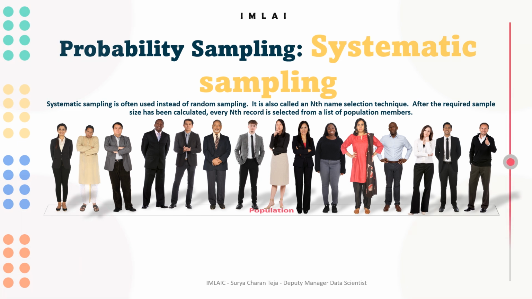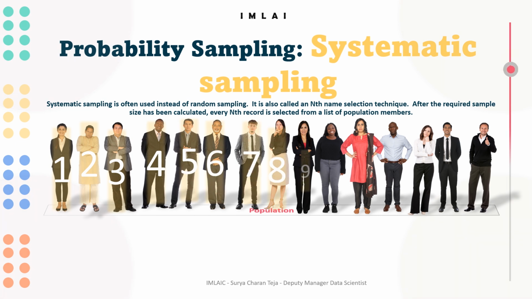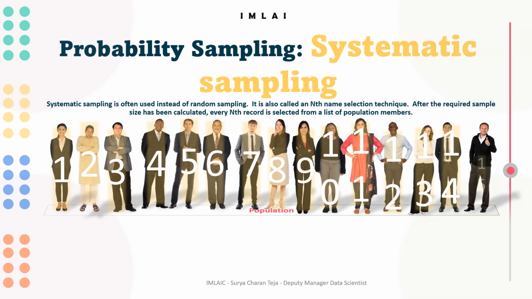For example, first we will label the respective elements in our population with the numbers 1, 2, 3, 4, and 10, 11, 12, 13, 14, 15, and so on. Now, to use systematic sampling, the first individual is selected randomly from the first k individuals.